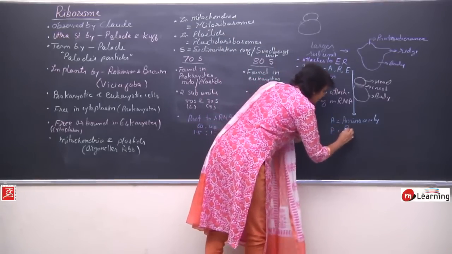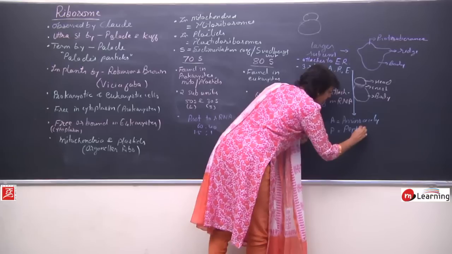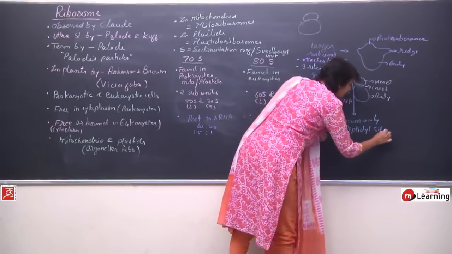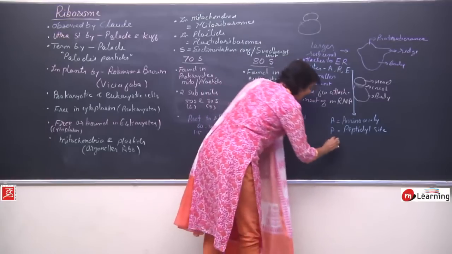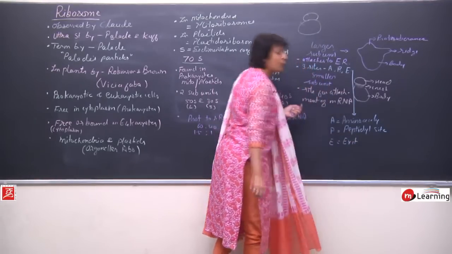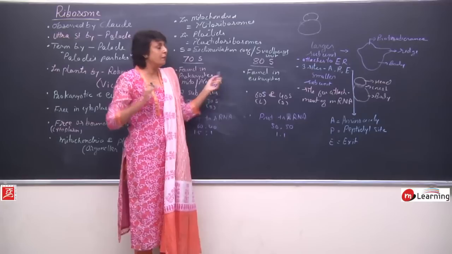P is known as the peptidyl site. This is the place where the peptide bond will be synthesized, and E is the exit site from where the tRNA is going to leave the complete assembly.